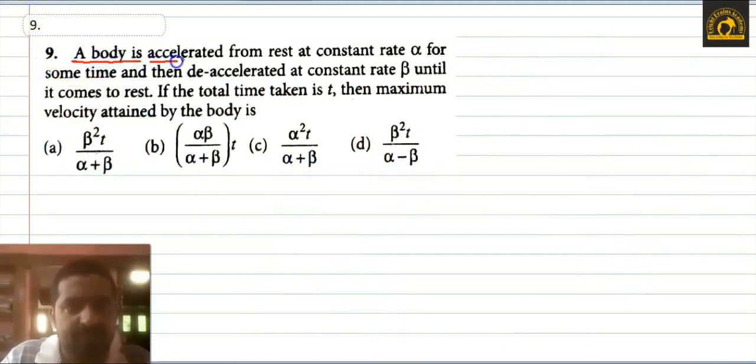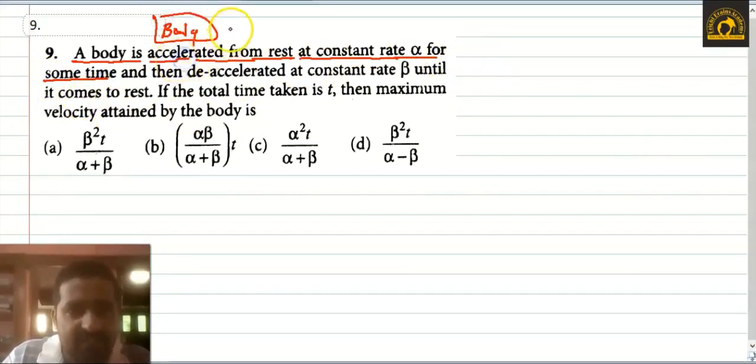A body is accelerated from rest at a constant rate alpha for some time. So this is the body, and it is accelerated, so the acceleration is alpha for some time t1.